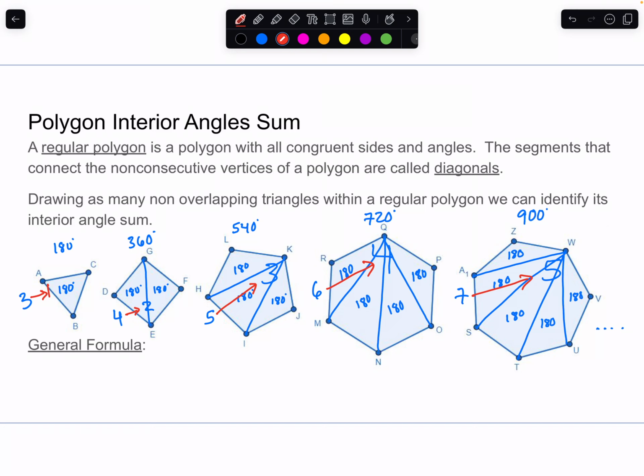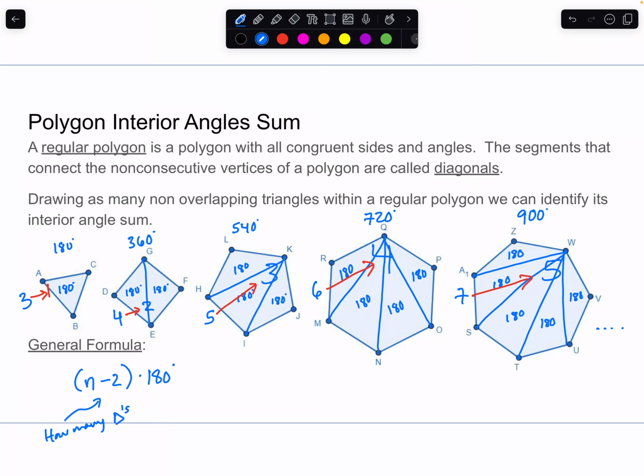So, if I have the number of sides, we'll call that n, and I subtract 2, that tells me how many triangles I will create. So this will tell me how many triangles. And then each triangle is 180 degrees, so we're going to multiply this times 180.